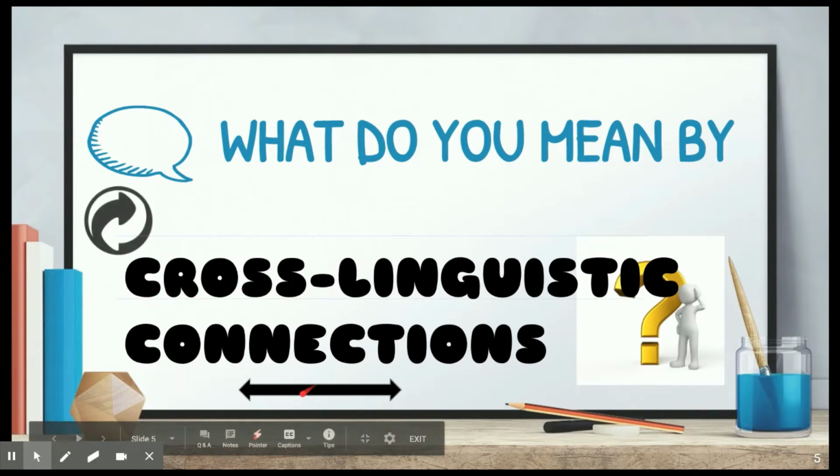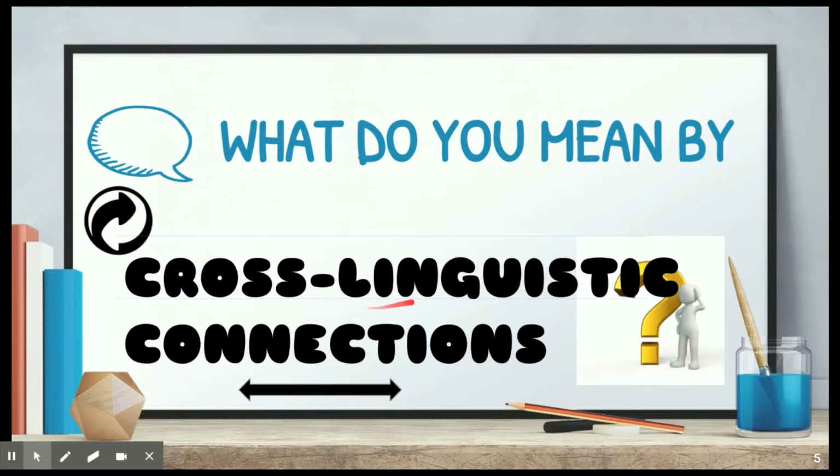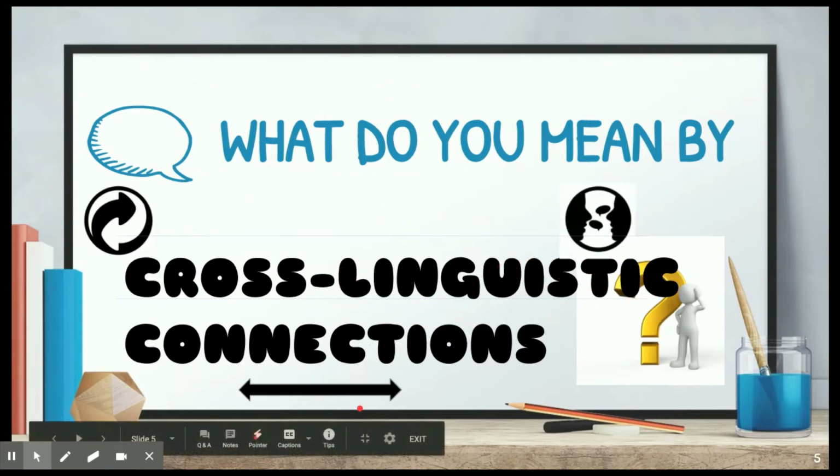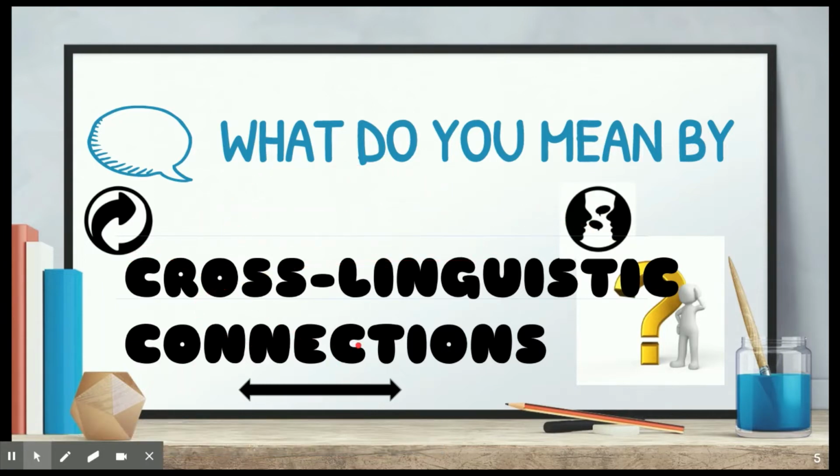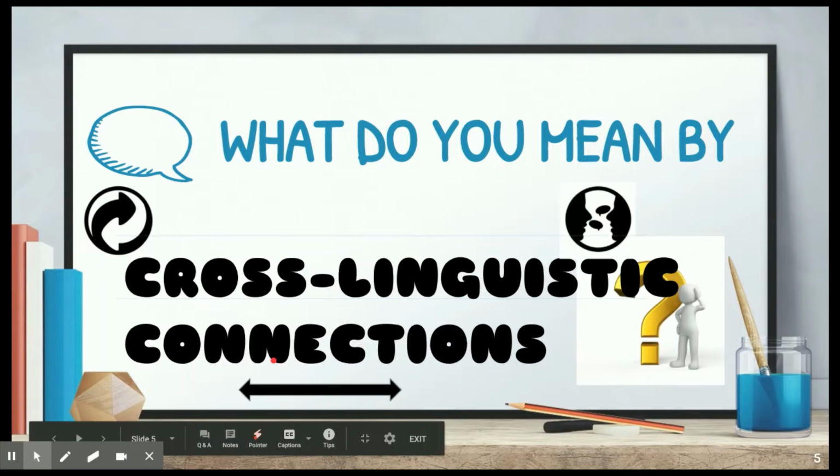So it's something that's connected across, and then there's linguistic, which has the root word embedded there, language. It has to do with language. So connections across languages. Cross-linguistic connections are connections between languages.